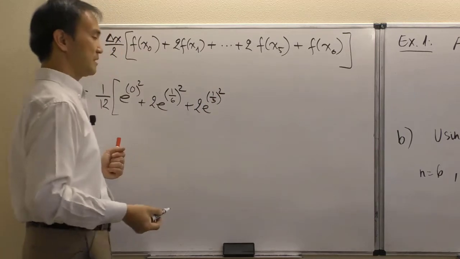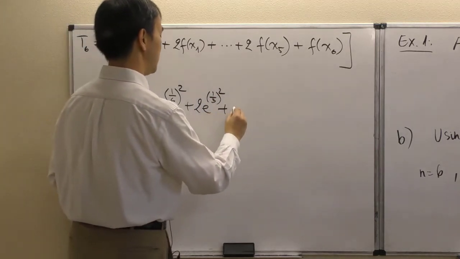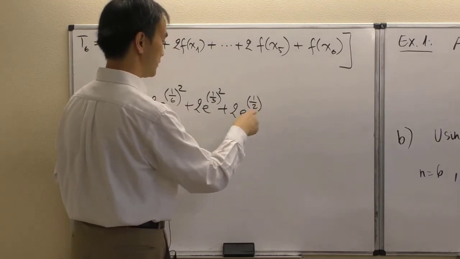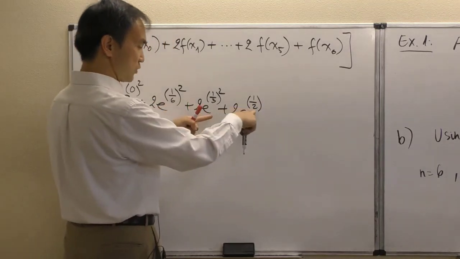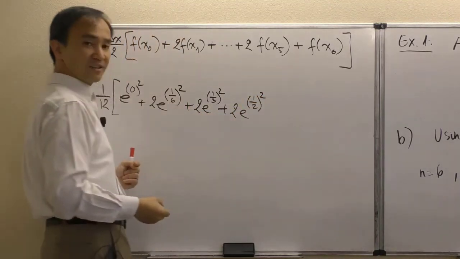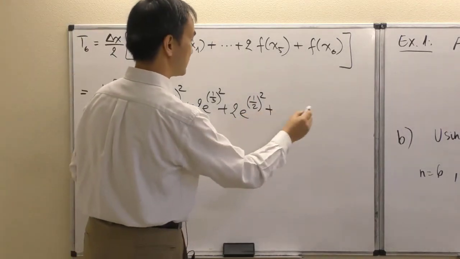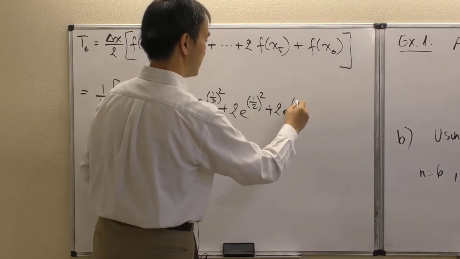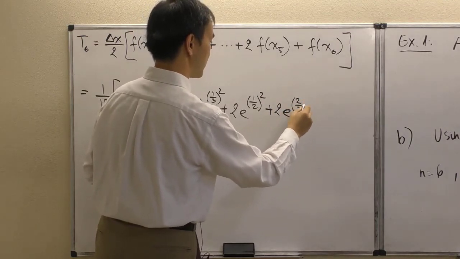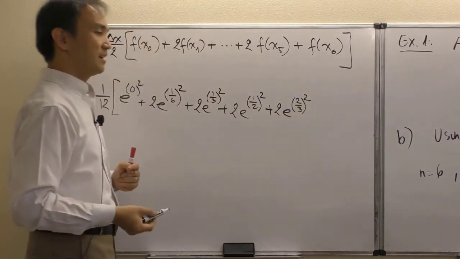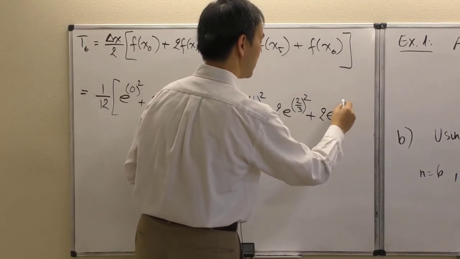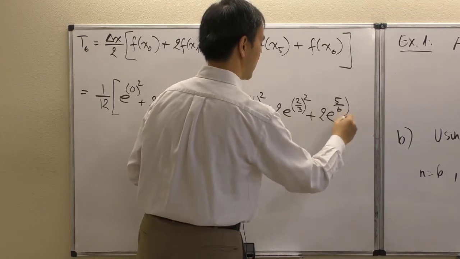Then plus 2 times e to the 1/2 squared, since x3 is 1/2. Plus 2 times e to the 2/3 squared, that's x4. And then plus 2 times e to the 5/6 squared.